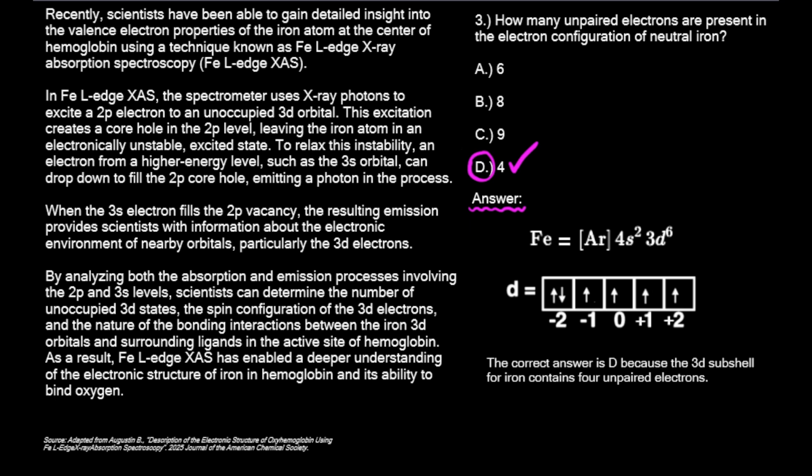Therefore, the 3d subshell contains 4 unpaired electrons, and since the 4s subshell has none, the total number of unpaired electrons in neutral iron is 4. This question was a simple discrete MCAT type of question, and it did not even require the use of the passage. Let's move on to question number 4.